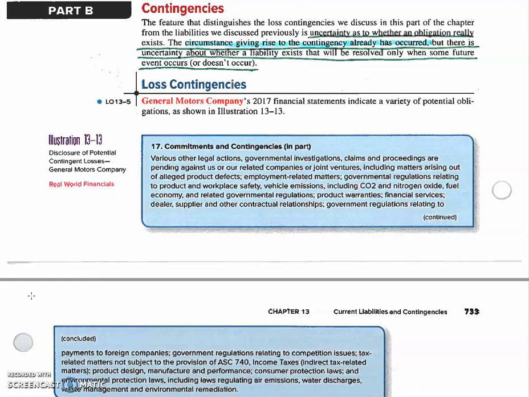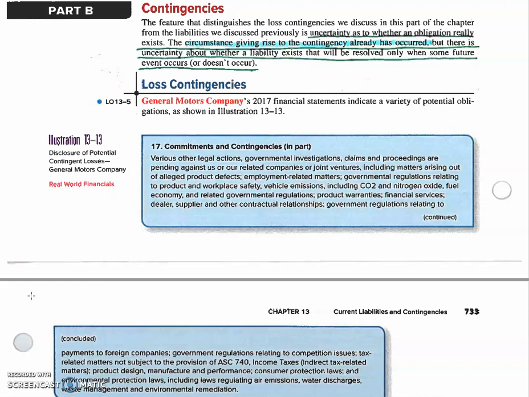Now, reasonably possible, let's say we say, okay, it's reasonably possible. Now, what does that mean? Well, it means, yeah, we don't know what juries will do. It's a better chance than remote, but it's certainly not probable that we'll lose.